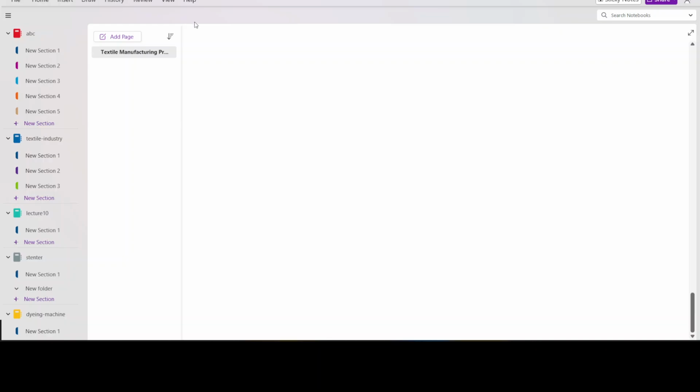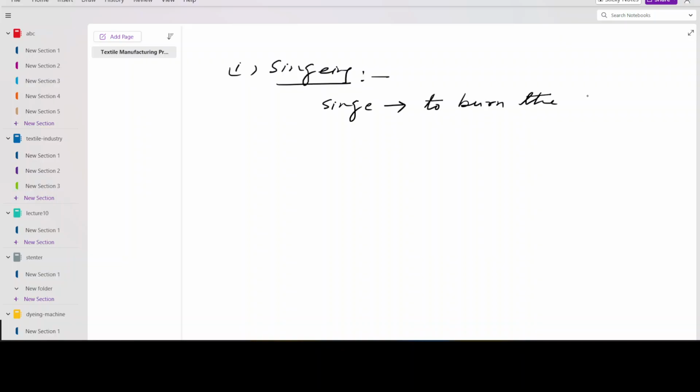So we begin with singeing. You must be aware of the word singe. Singe means to burn the surface of something lightly. It is related to burning of the surface very lightly.